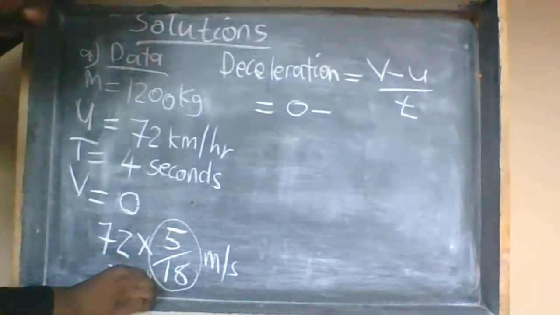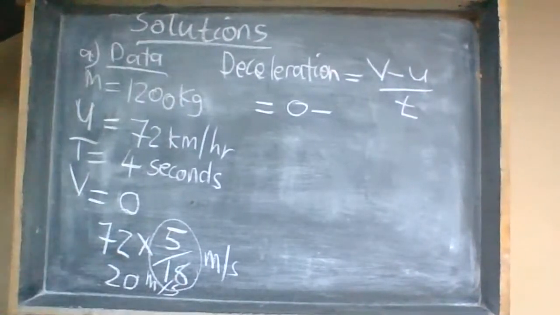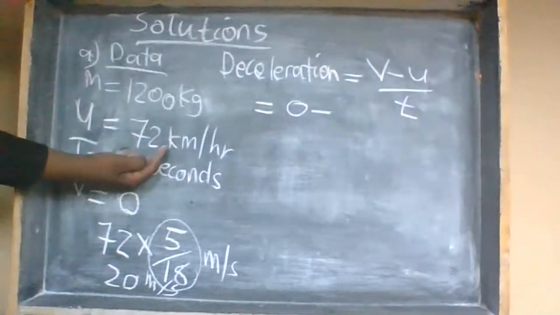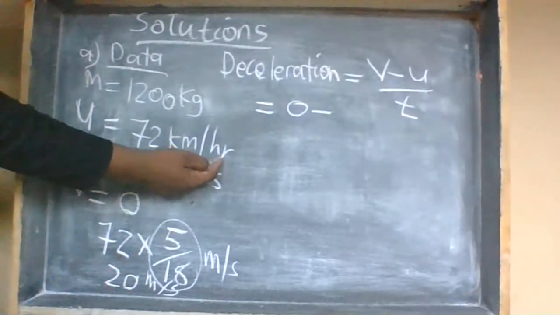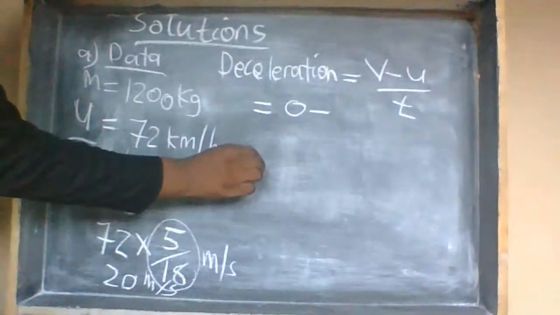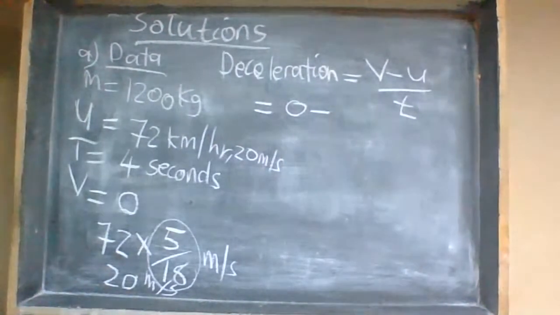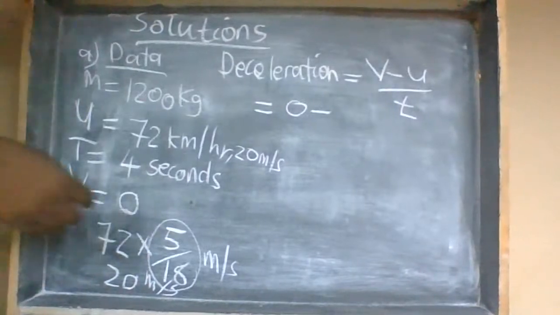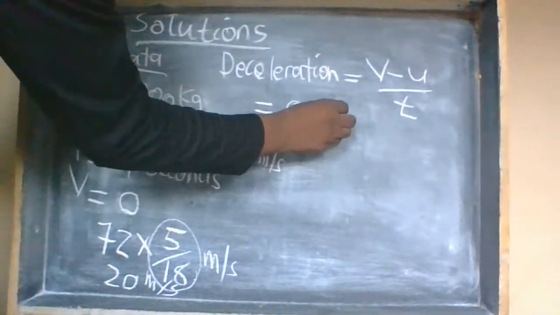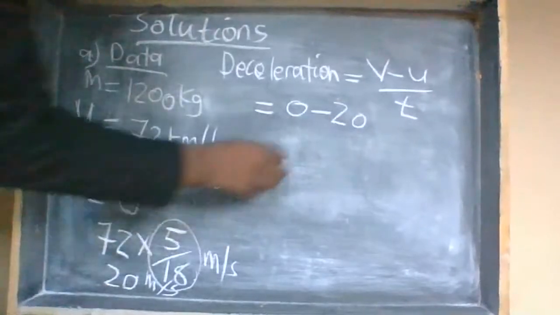This 20 will be in meters per second. Therefore, we are not going to write this 72 here because it is in kilometers per hour. We are going to write the 20, which is in meters per second. That will be our initial velocity. So we are going to use the 20 here.